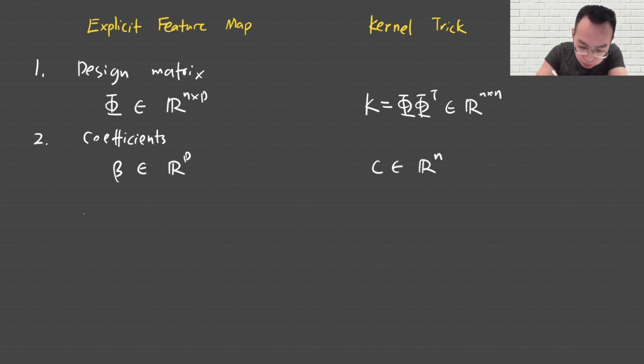So beta hat equals phi transpose phi plus lambda I inverse times phi transpose y.